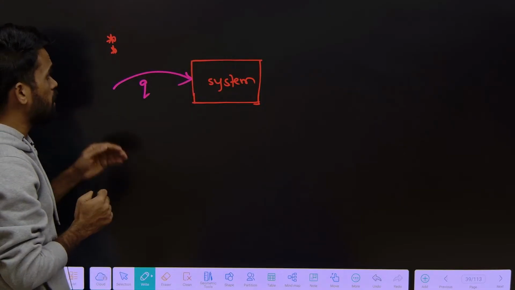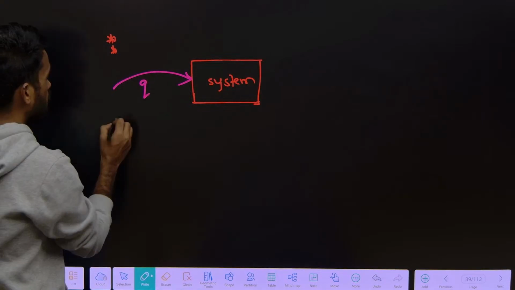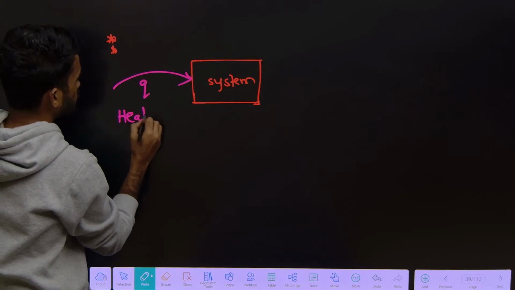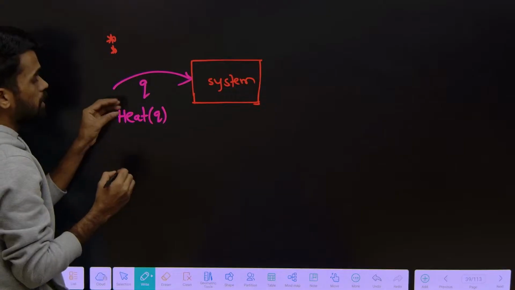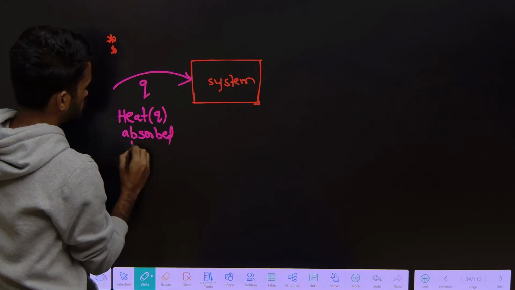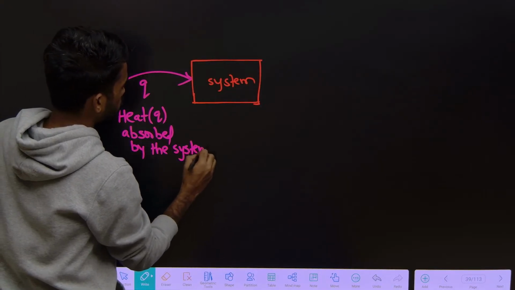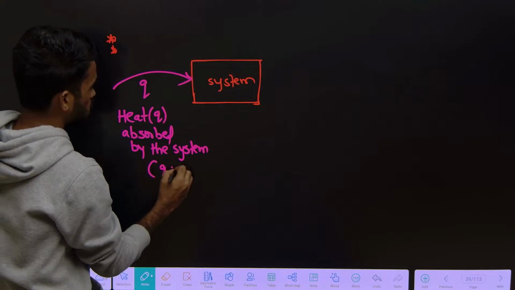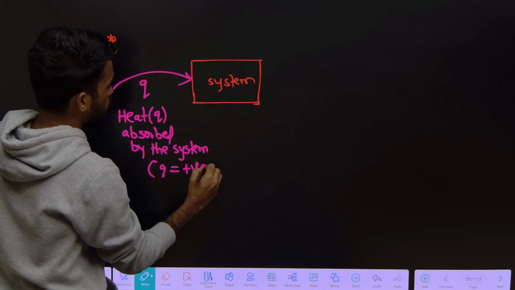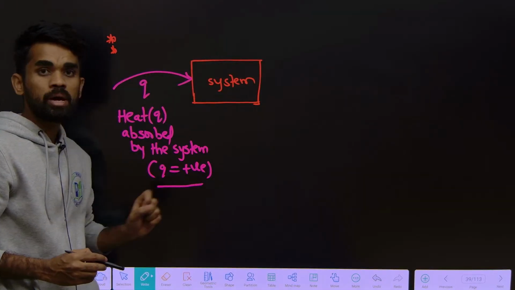That is nothing but heat absorbed by the system is Q. Heat is indicated with symbol Q. If heat is absorbed by the system, then you should say Q is positive. With the perspective of the system, you should answer. So heat absorbed by the system means Q should be positive.